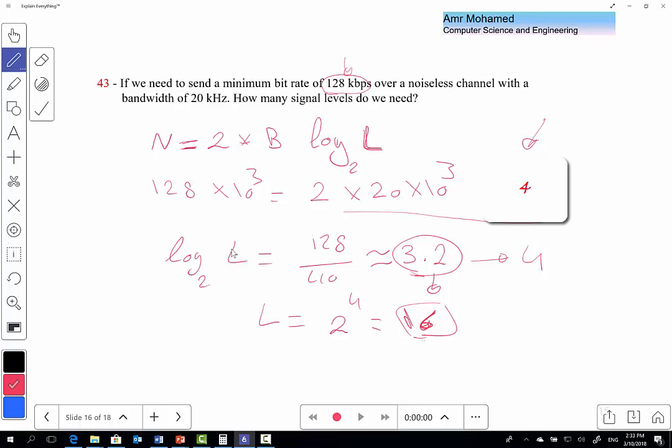So L will give you a bit rate of 160 kilobits per second, which is of course more than 128, because if we use 3 bits, it will be less than 128. So we have to use 4 bits, or in other words 16 levels.